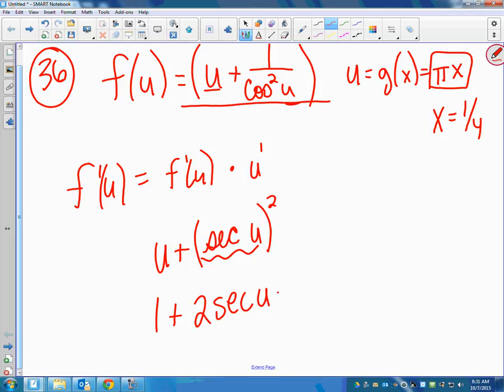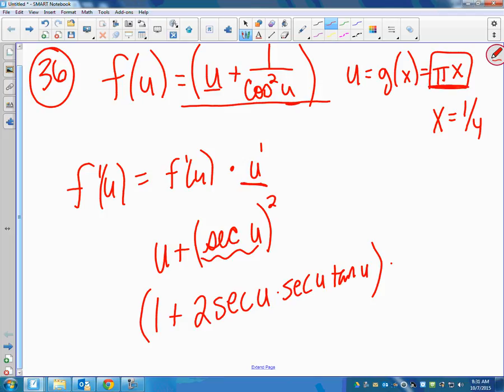What is the derivative of secant? Secant x tangent x, or in this case, secant u tangent u times u prime, right? Because we have to do the u prime where this is u.